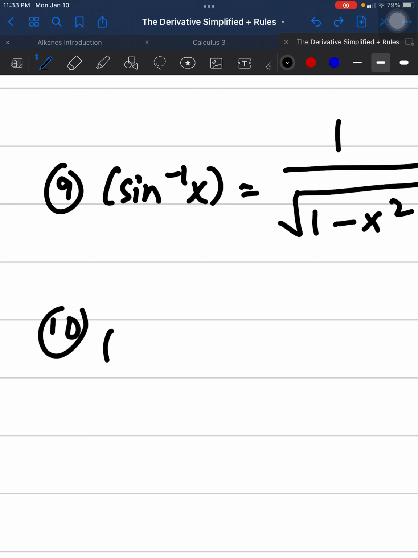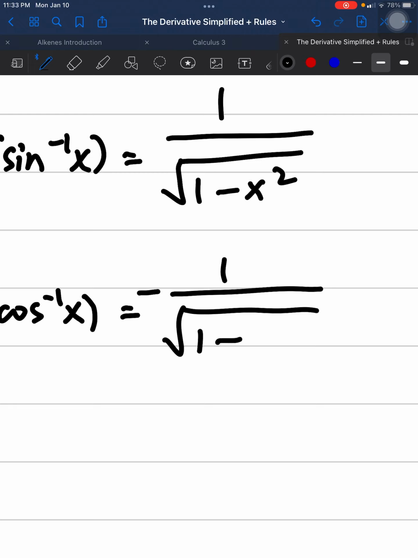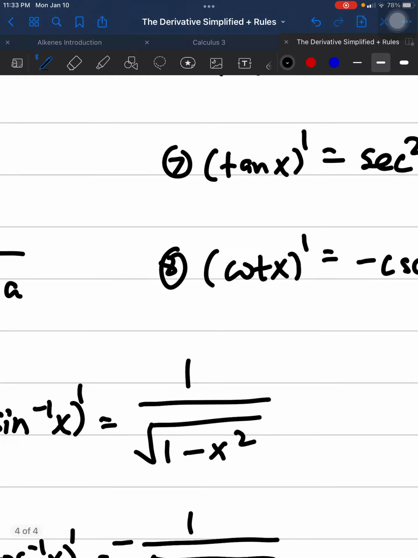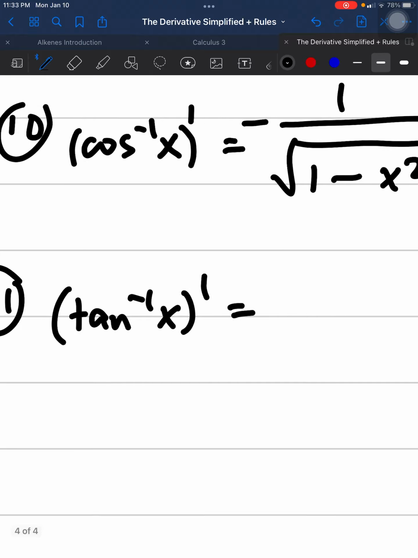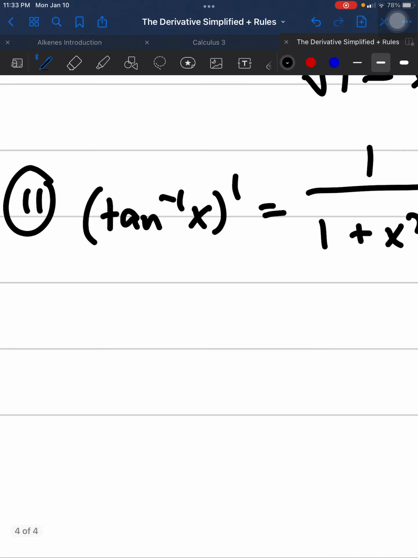The derivative of inverse cosine x is equal to negative 1 over the square root of 1 minus x squared. Derivative of tangent inverse x is 1 over 1 plus x squared.